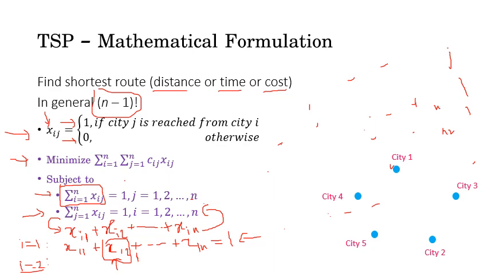Similarly, in the next equation for i equals to 2, let's say x21 plus and so on up to x2n, and somewhere here might be, let's say, x24. So in the second equation, if x24 is 1 and every other term is 0, which means that from city 2 the salesperson is going only to city 4 and not any other city.